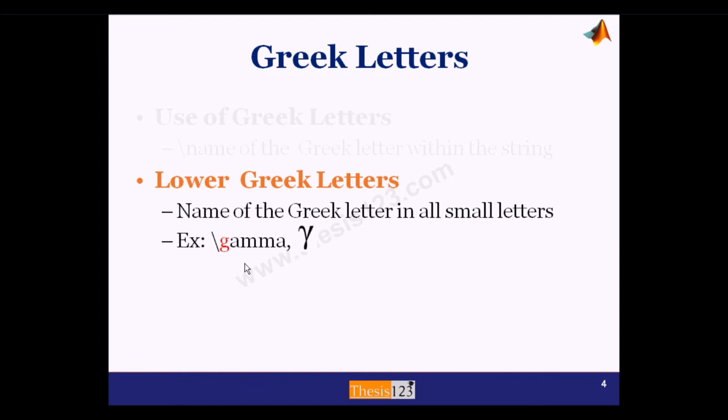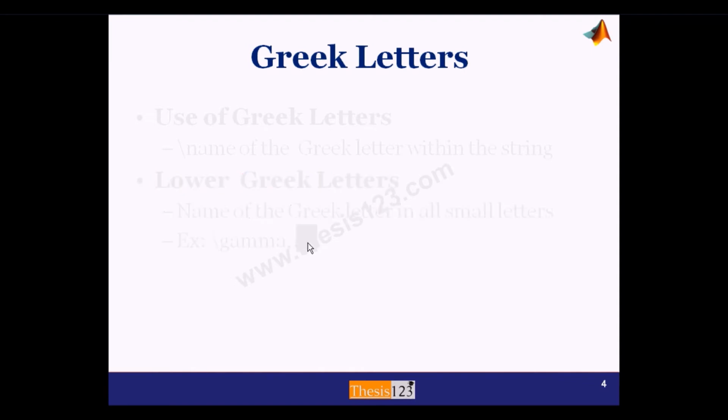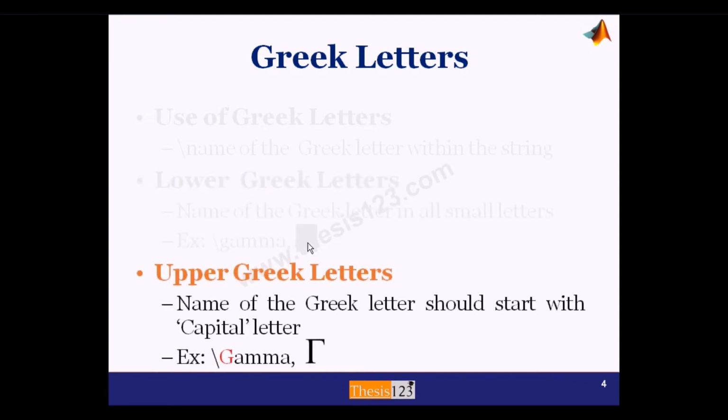So backslash gamma gives a small gamma, a lowercase Greek letter. Similarly, if you want an uppercase Greek letter, then you have to use the first letter as a capital letter. So then it is a capital gamma, an upper gamma.